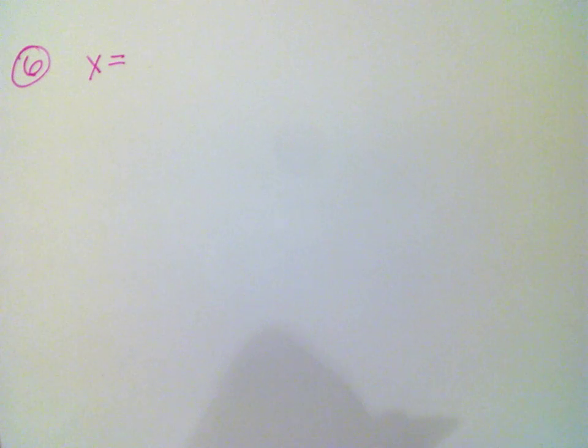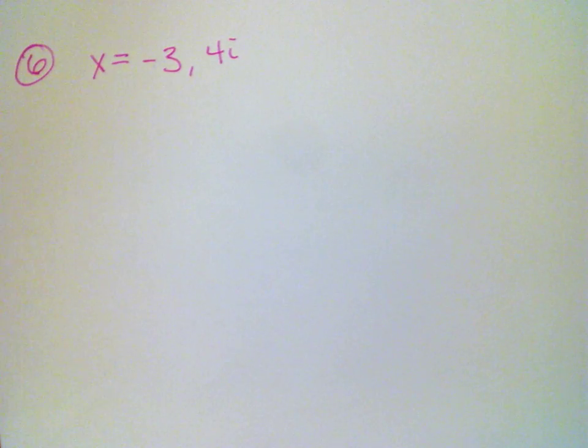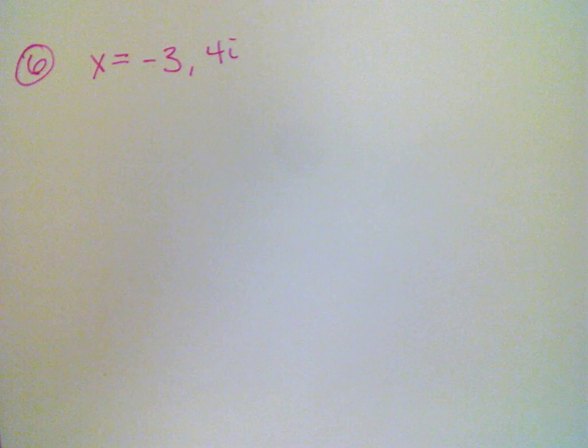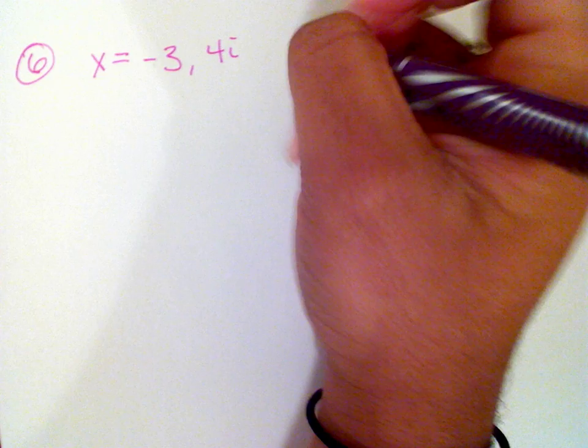Now let's look at number 6. For number 6, we're given that x equals negative 3 and positive 4i. Remember your imaginary root theorem, which says if bi is a root, then negative bi is also a root.